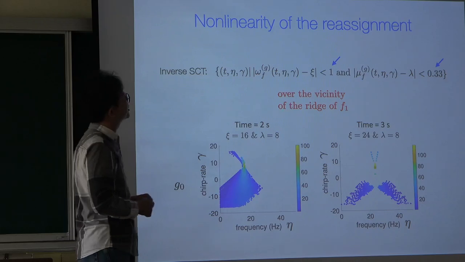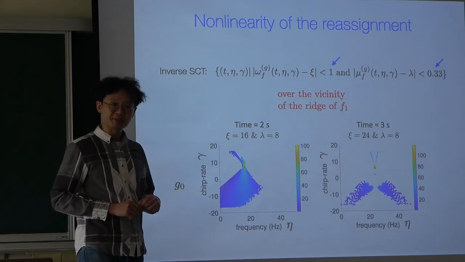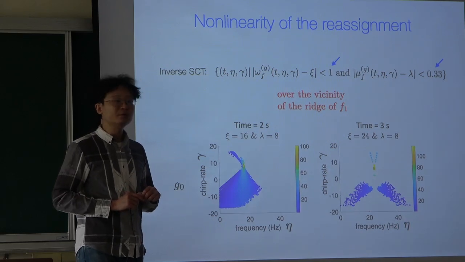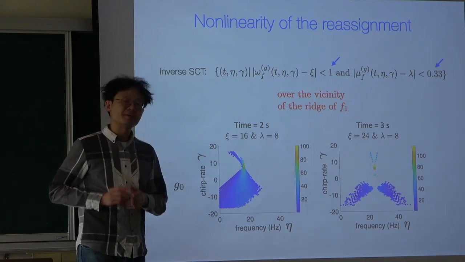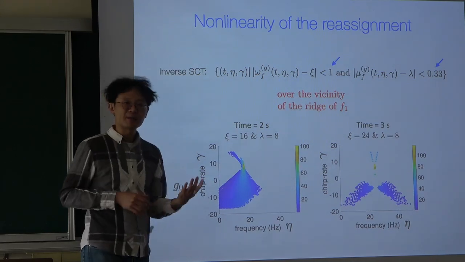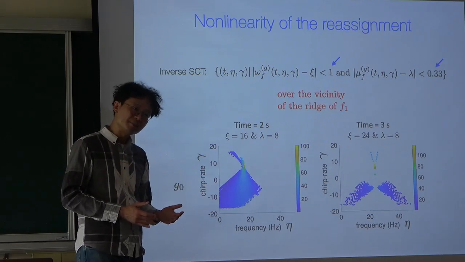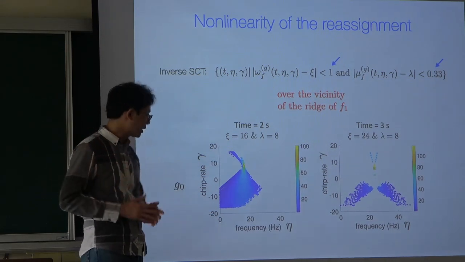And this nonlinearity is actually much more nonlinear compared with synchrosqueezing, because in synchrosqueezing we only need to reassign the frequency axis. But in the Chirplet transform, we somehow need to combine frequency and the chirp domains together.